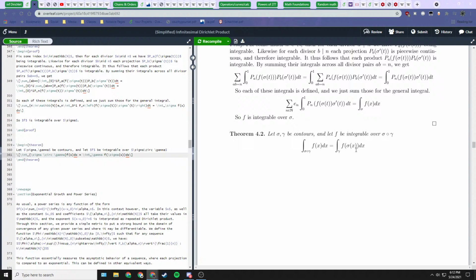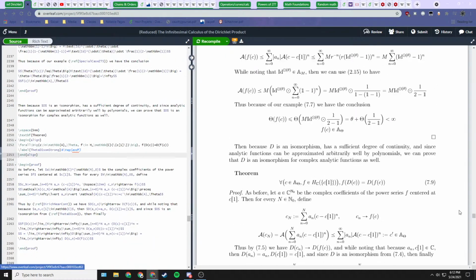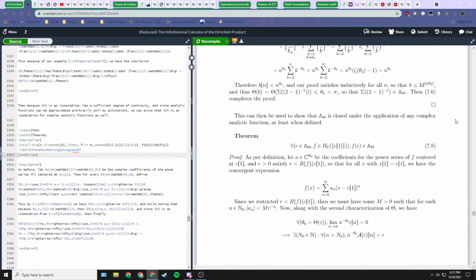I think there should be... well, let me just look up the general statement in our previous draft. I think what we did previously, oh yeah, let's just do that.